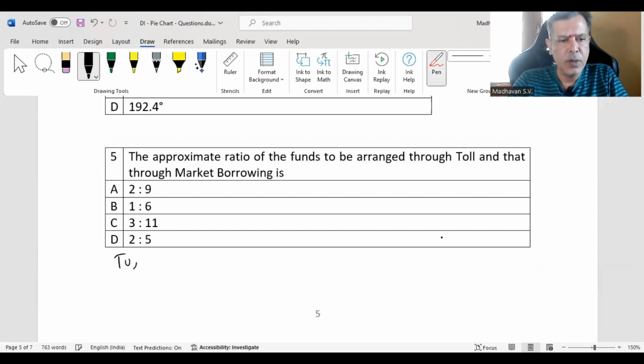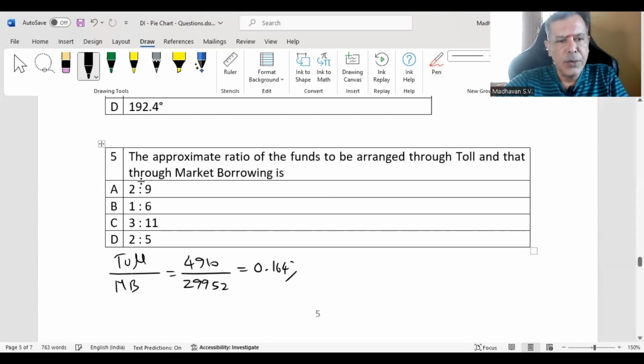So we need to find the ratio toll divided by market borrowing. Toll is 4,910 and market borrowing is 29,952. If we calculate, we get 0.164.